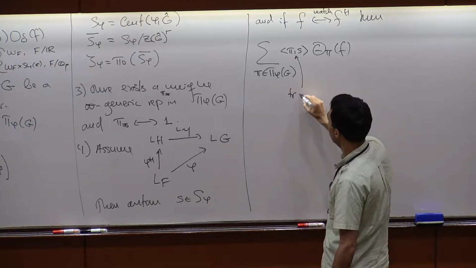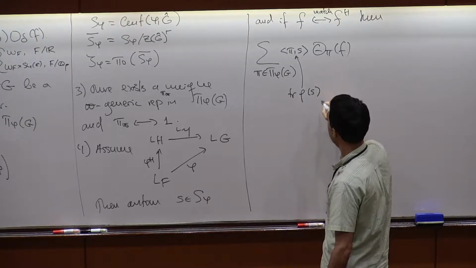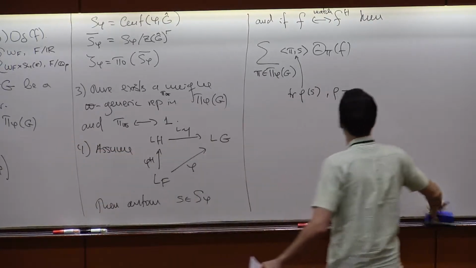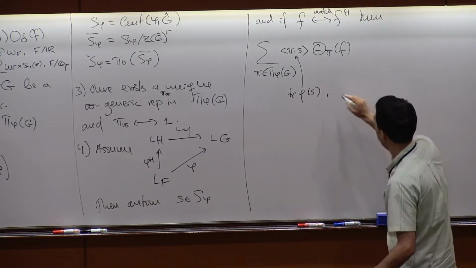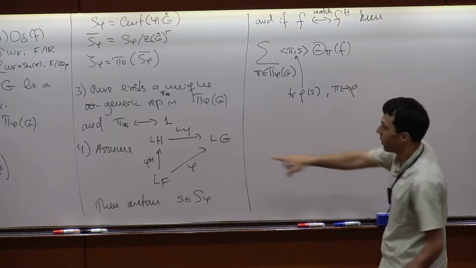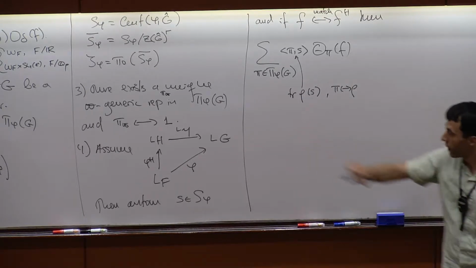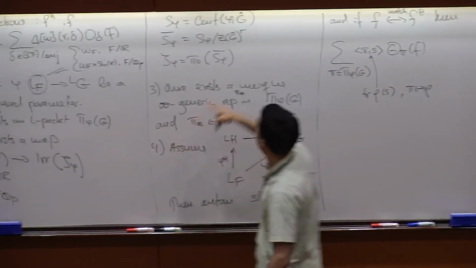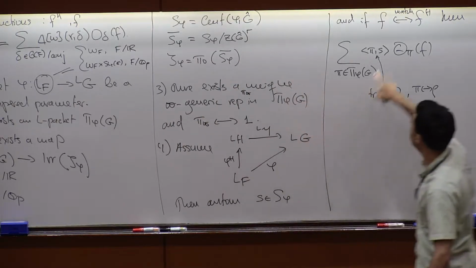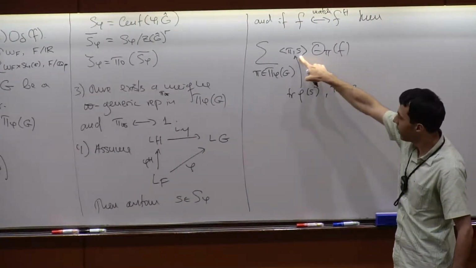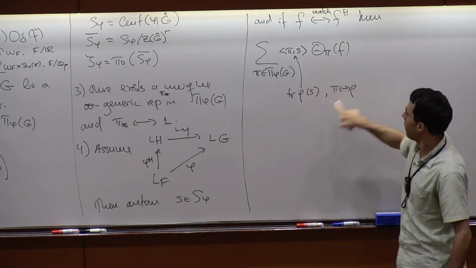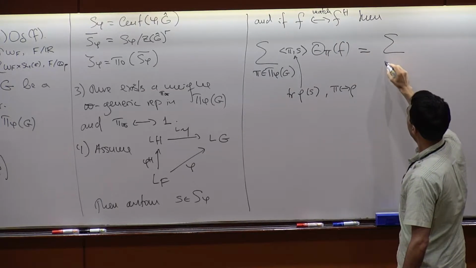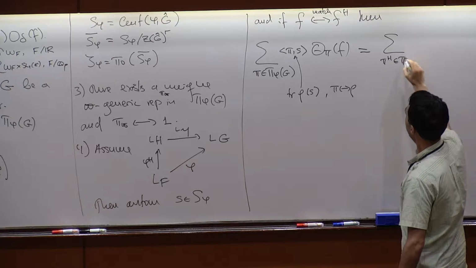This means the trace of rho at S, where pi corresponds to rho under this map over there. Rho is a representation of the script S_phi, which is a quotient of the usual S_phi, so we can feed it the element S in S_phi. We can evaluate its trace. Okay, so this virtual character on G is supposed to equal a similar virtual character on H.